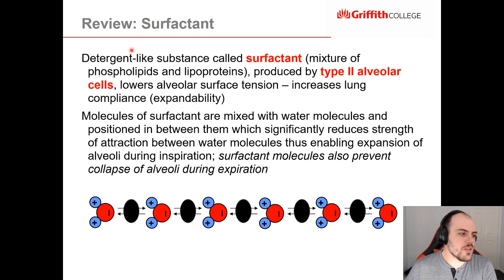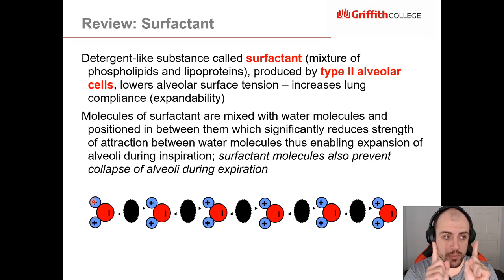Okay, here we go. I want to talk a little bit about surfactant. So, what we have here is a water molecule. Oxygen here is negatively charged, and we have our hydrogens here that are positively charged. Now, when I'm talking about all of this attraction and repulsion, I want you to literally picture magnets, okay? You have a positive and a negative, they attract.